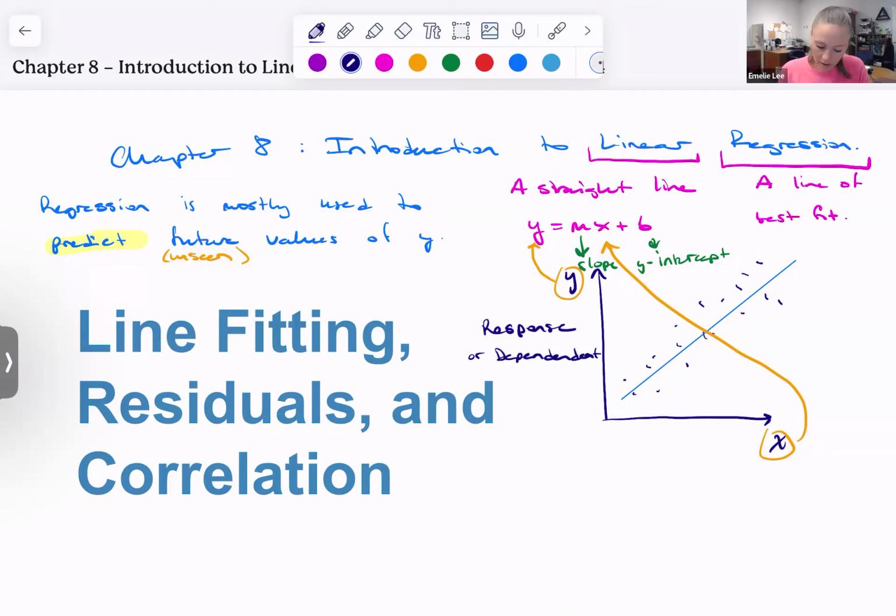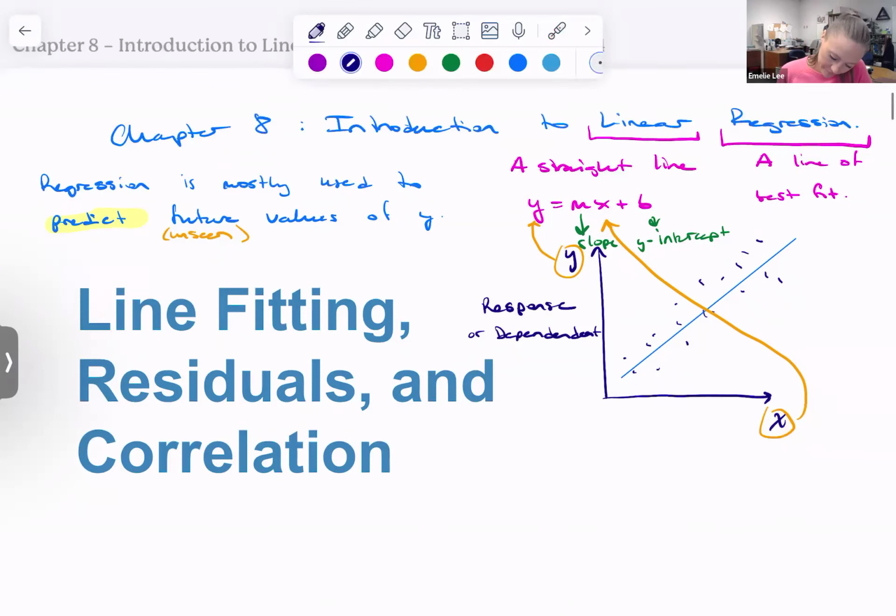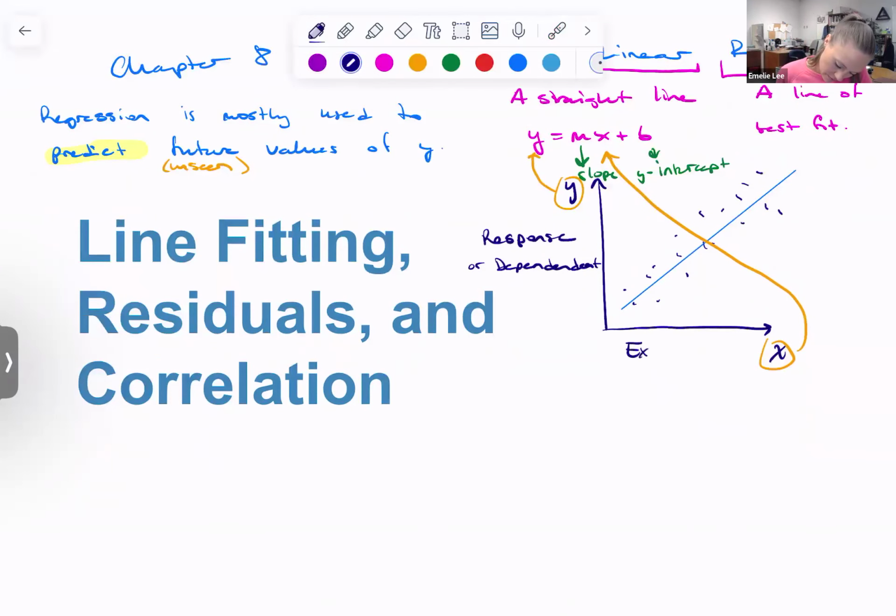And then what did we call the x variable? We called it the explanatory variable because I like that it has the x in there, and then that guides me and prompts me to put it on the x-axis. So the explanatory variable, or if you prefer, independent variable.